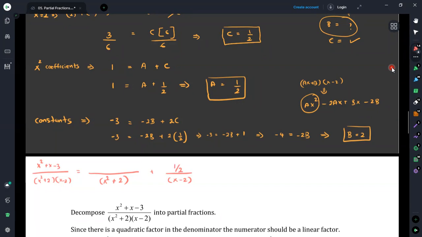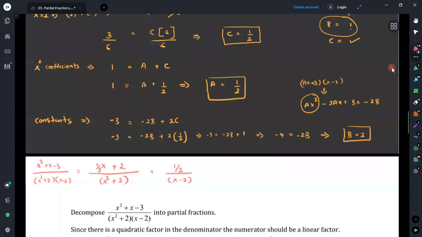Then we can write it here. The value of a is half. Then half times x plus b is plus 2. Then this is what we are having.